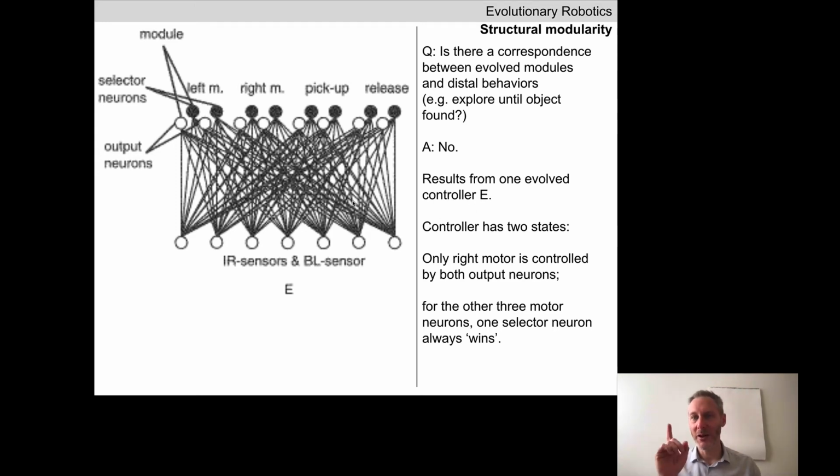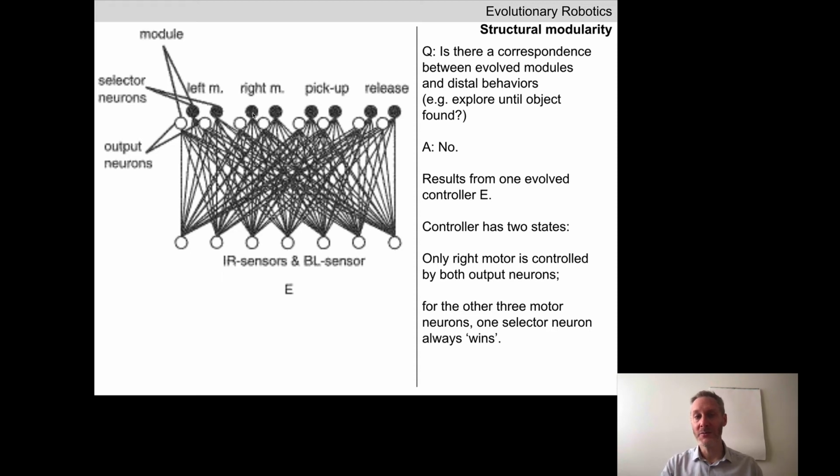Let's talk a little bit about this single evolved E controller. It only has 2 states. What do I mean by that? What I mean is that in the case of the right motor neuron, there are times in which the right selector neuron is larger than the value of the left selector neuron, meaning this circuit is in control.